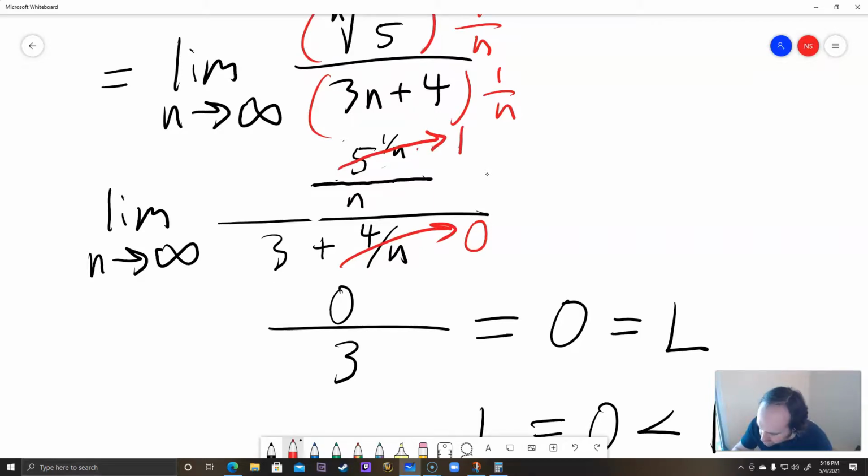So the numerator goes to 1, but the denominator n goes to infinity. Well, 1 over infinity, with quotes around it, equals 0.